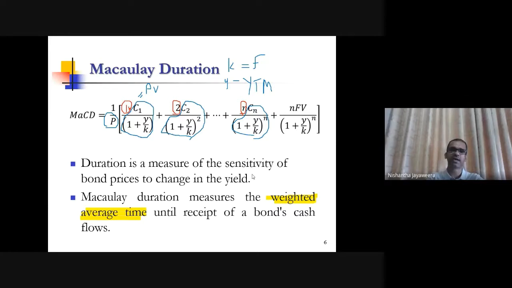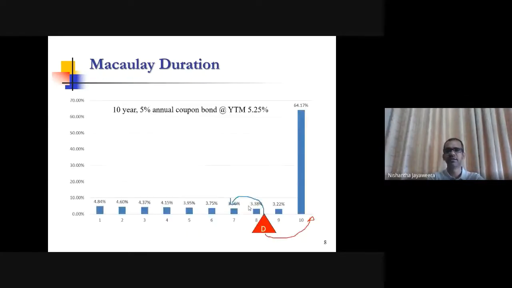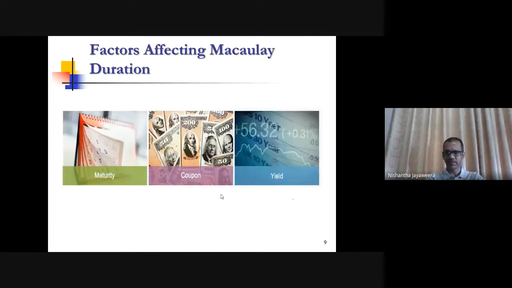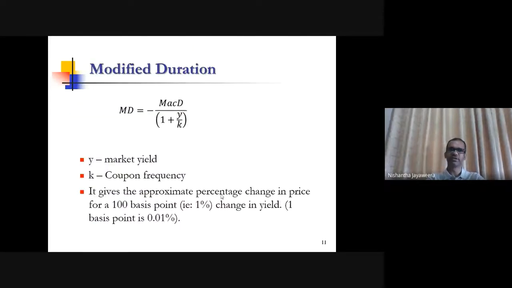Until receipt of a bond's cash flow. Still, we don't receive it by this. In this example, by 8 years, we don't receive the whole cash flow, even in present value terms or absolute terms. But when it comes to modified duration, it has a specific interpretation, which is more sensible.